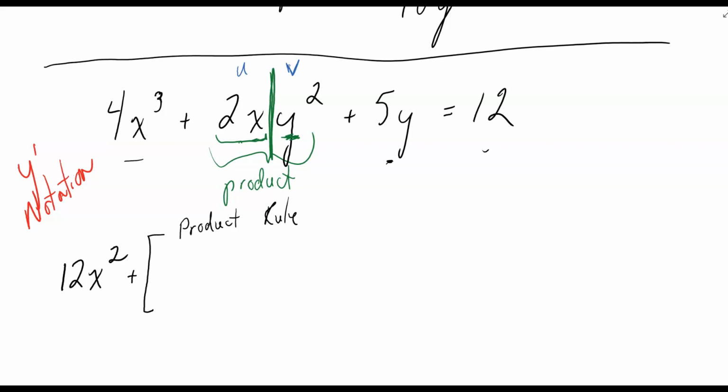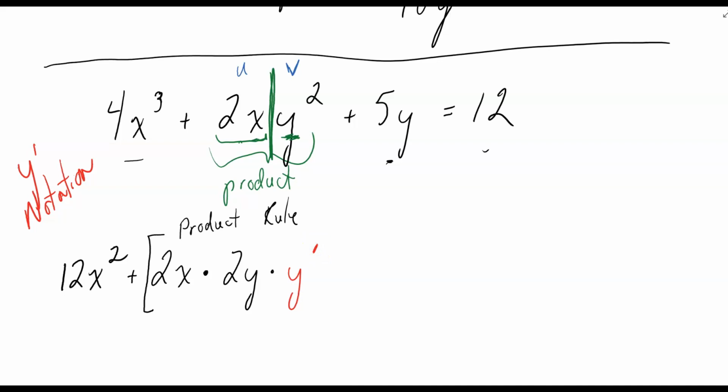So for the product rule, we have to multiply u times the derivative of v. So I want to multiply 2x multiplied by the derivative of y squared. Well, that will be 2y. And because it's not an x, I must multiply by y prime.